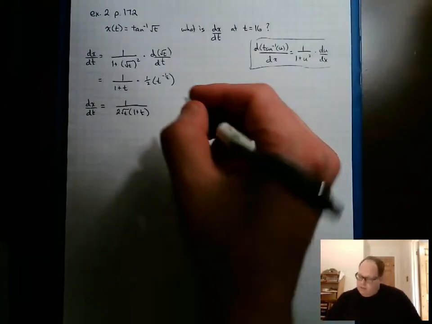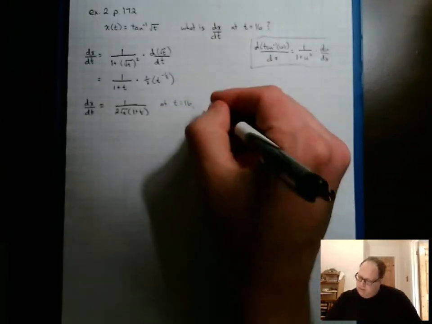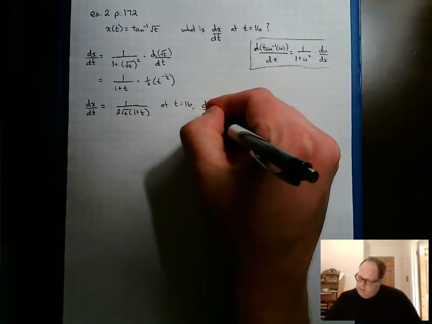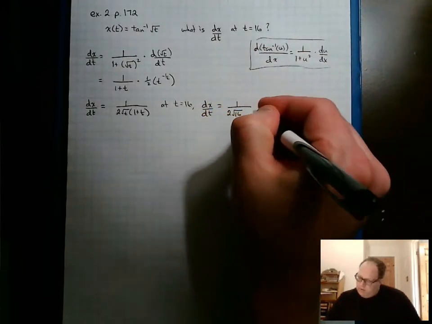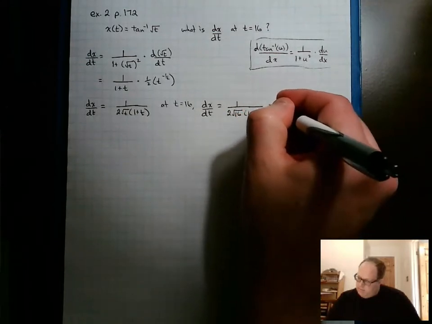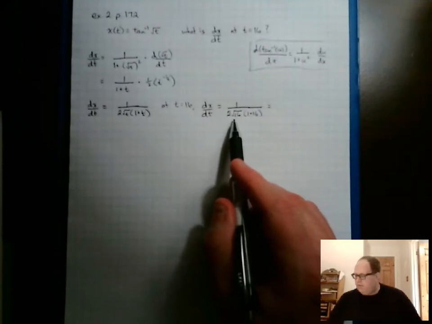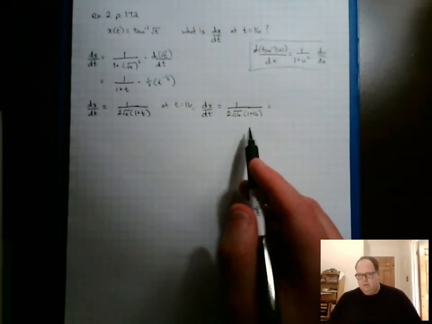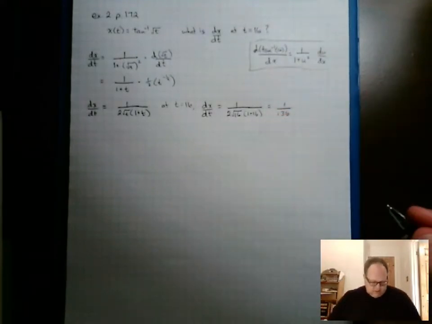So to finish this out, at t equals 16, I can say dx dt equals 1 over 2 times the square root of 16 times 1 plus 16. Now root 16 is 4, 2 times 4 is 8, 8 times 17 is 136, so 1 over 136.